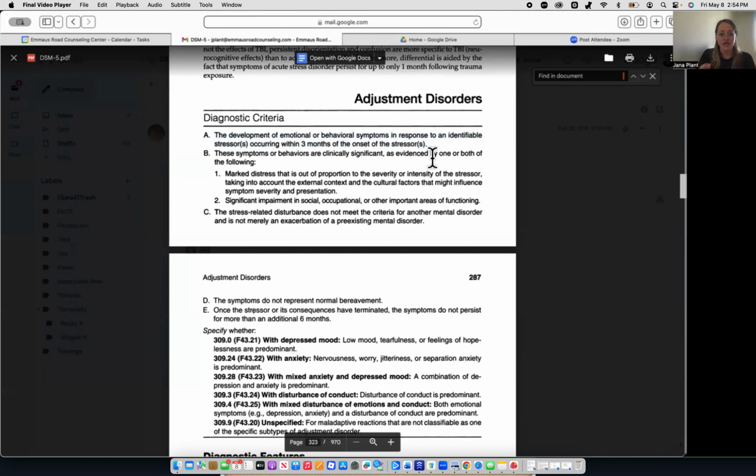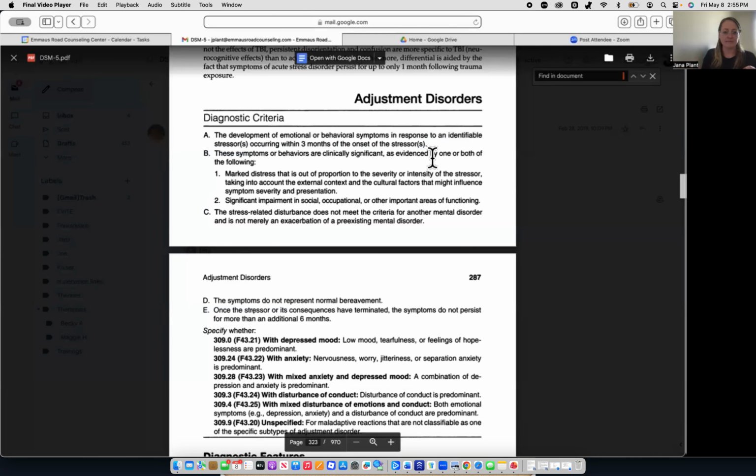What's a stressor? Leaving home and going to college, having a death in the family if it wasn't traumatic, losing your house, losing your job. Defining a stressor really is at the hands of the client, but it's something that is causing them distress, not so much trauma.